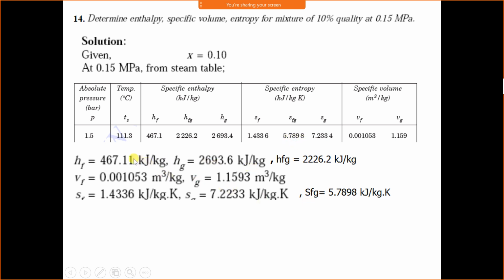I have just noted these values from the table. All these values are given in this table. hf is given here, hg is here, and hfg is here. I have copied these values.